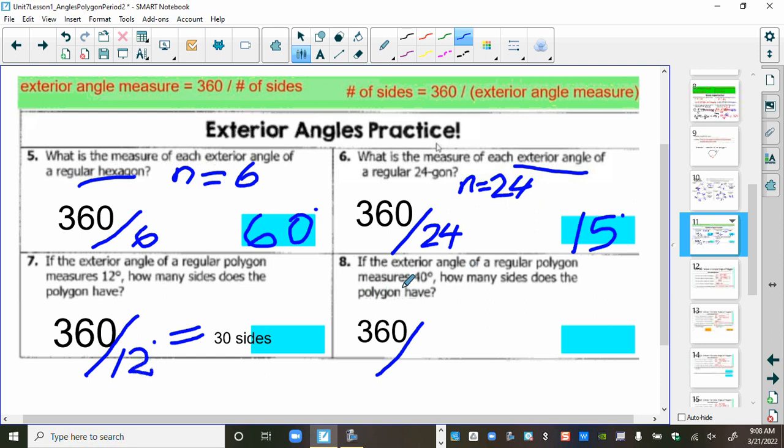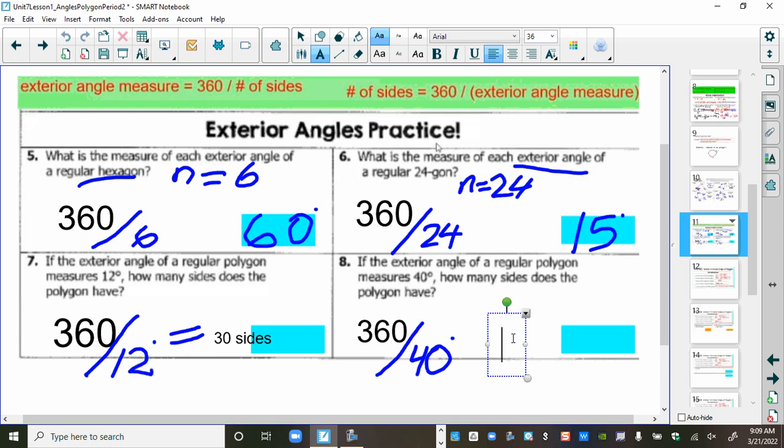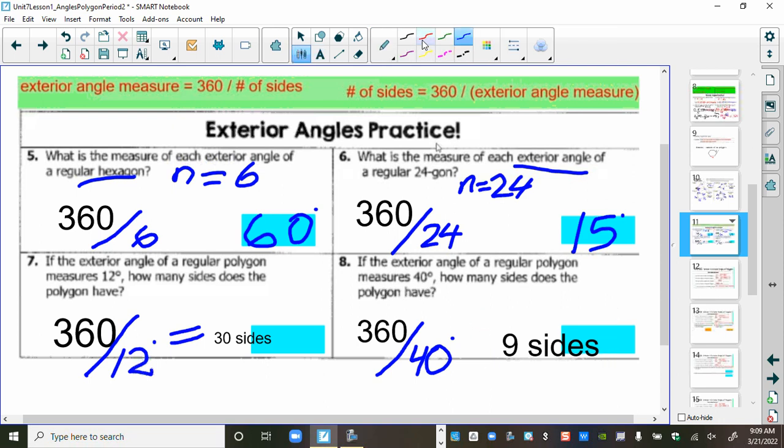What's our exterior angle measure? We divide 360 by 40. Again, what do we get? 9 sides. Anybody have questions? Nice and simple, right?